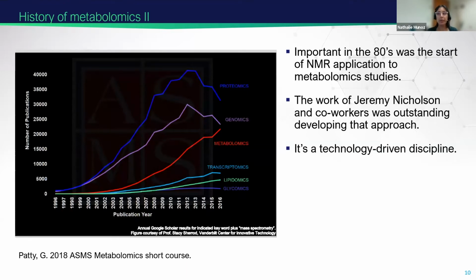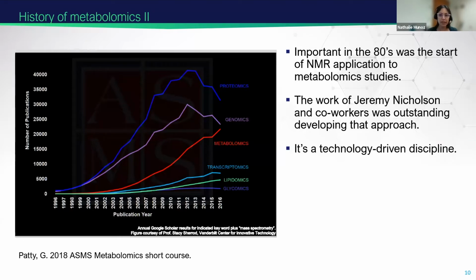But an important aspect to remember is that metabolomics is a technology-driven discipline, which is constantly evolving, constantly growing, and taking advantage of novel developments in instrumentation, techniques, analytical software, and statistical methods.